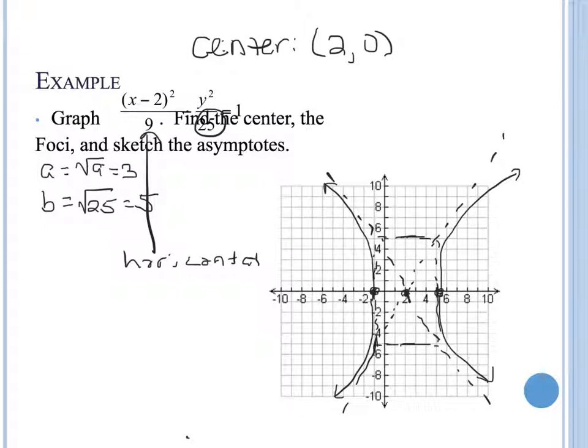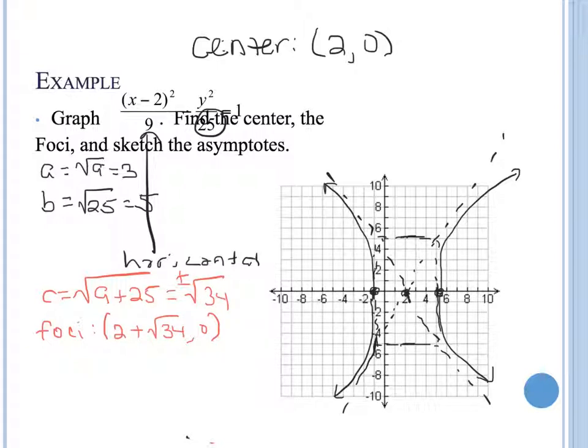I also need to find the c value, which is going to equal the square root of 9 plus 25. I think that gives me 34, plus or minus. So to find the foci, we have 2 plus the square root of 34, comma 0, and 2 minus the square root of 34, comma 0.